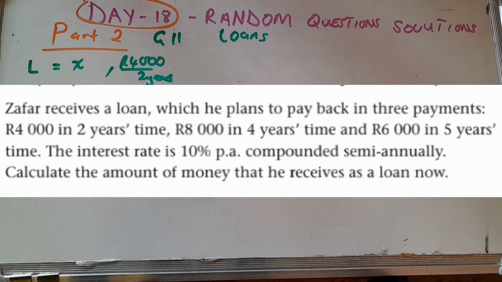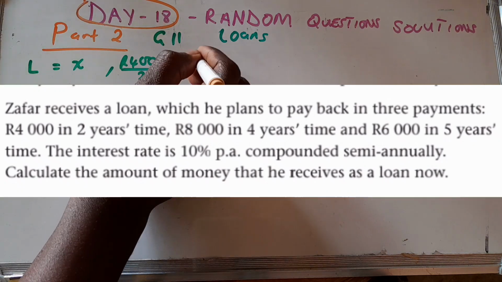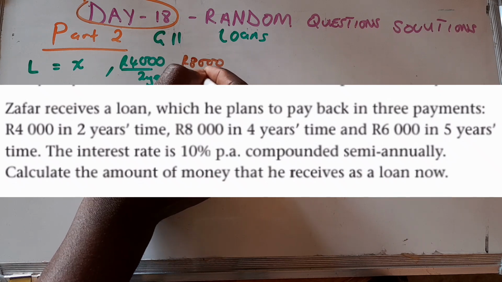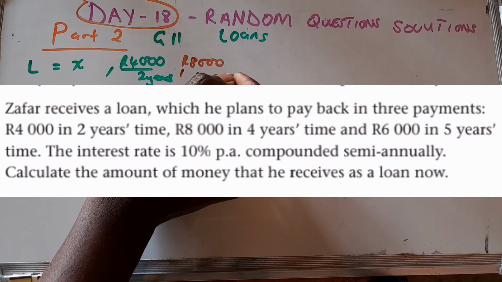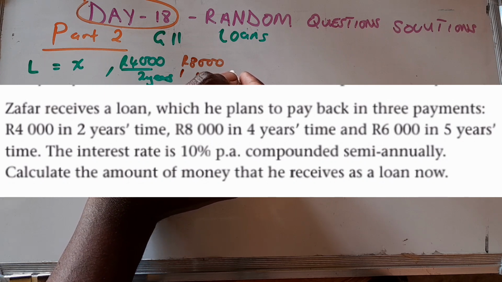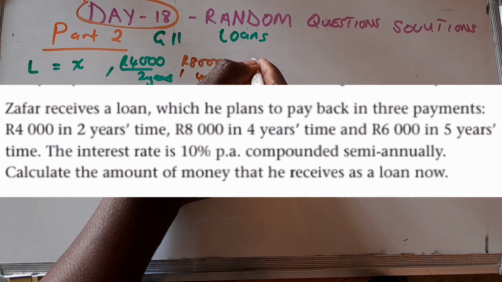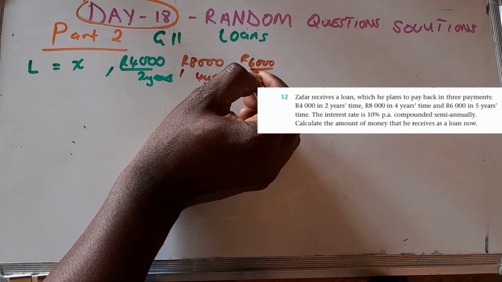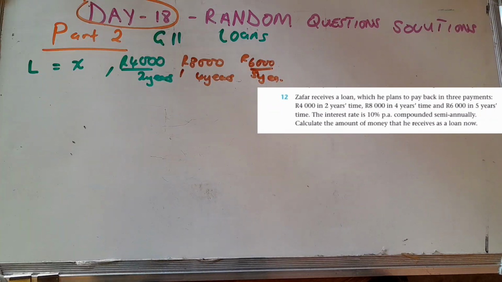And also 8,000 in 4 years' time. And lastly, we are going to have 6,000 in 5 years' time. So 6,000 is our last payment, which comes in 5 years' time, right?